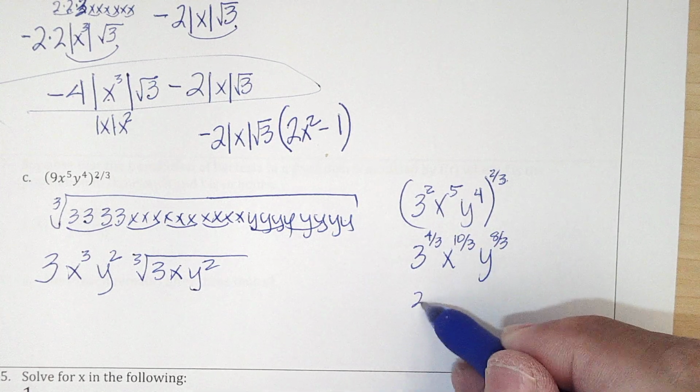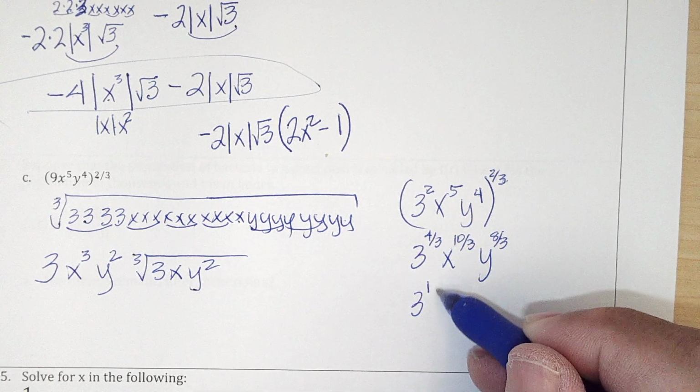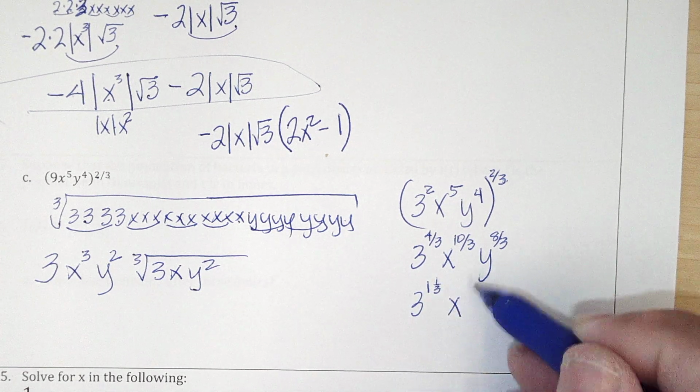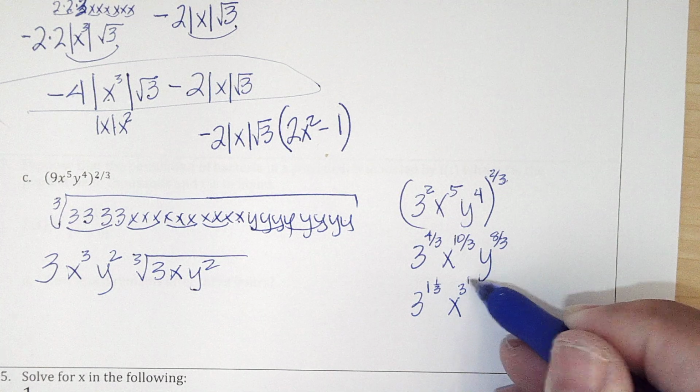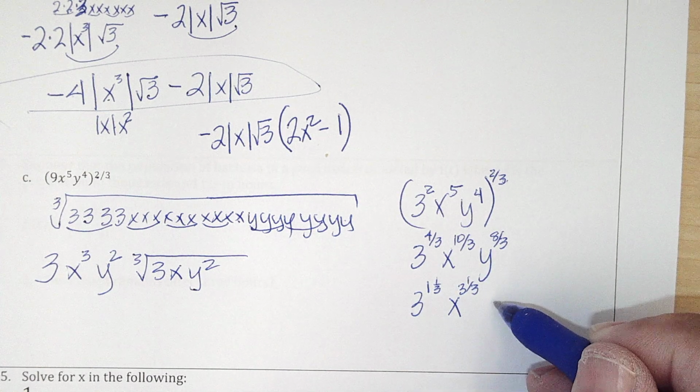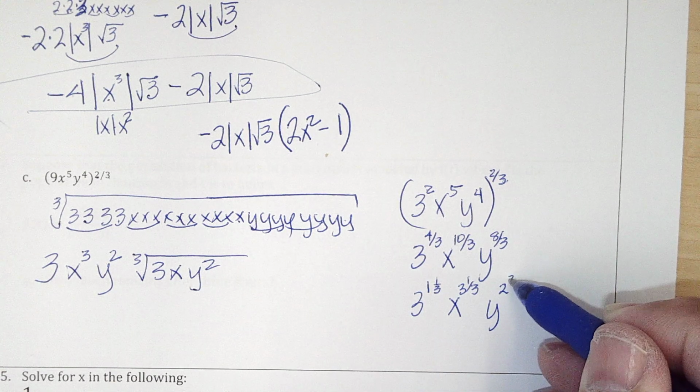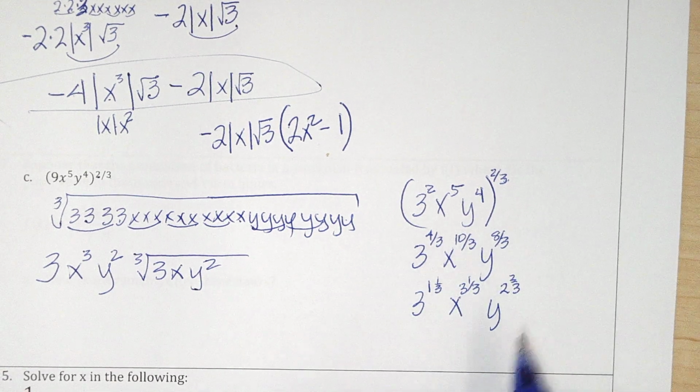So that's 3 to the 1 and 1/3, x to the 3 and 1/3, and y to the 2 and 2/3.